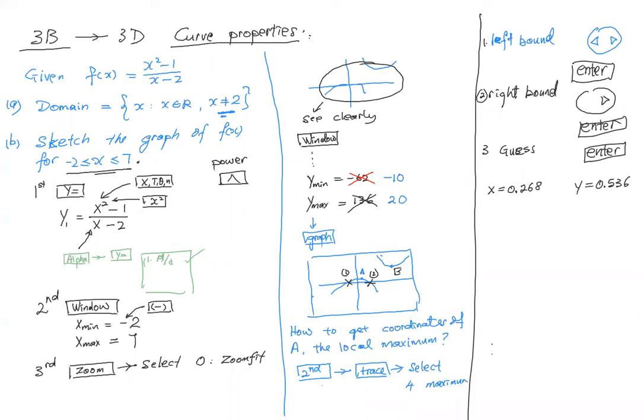This one you select minimum. So do the same thing, repeat the same thing, but now you select minimum.